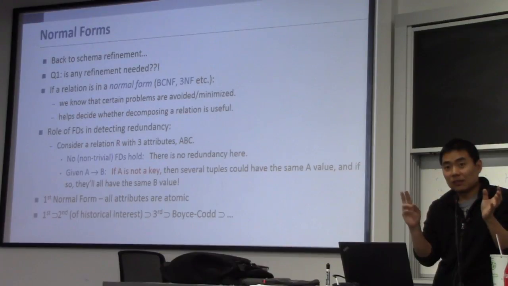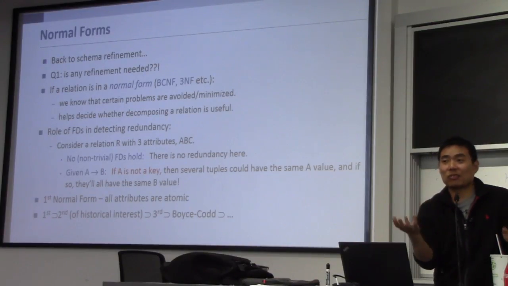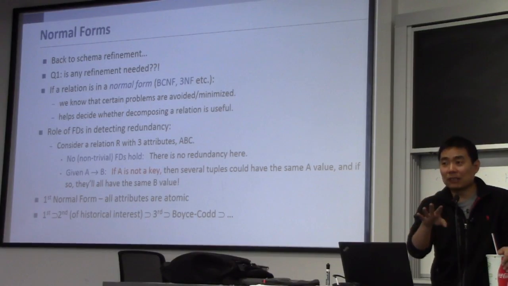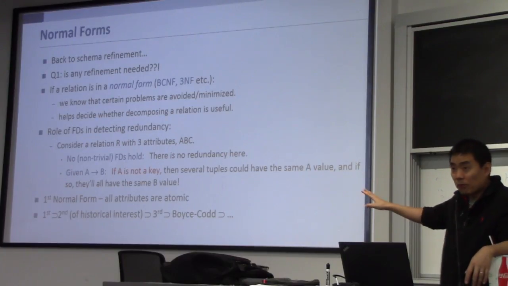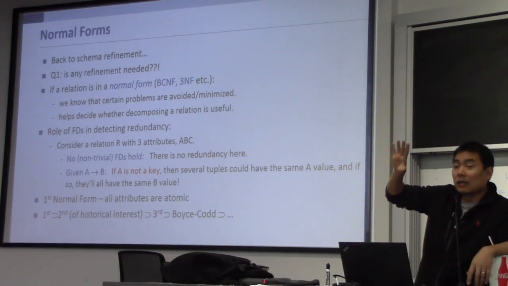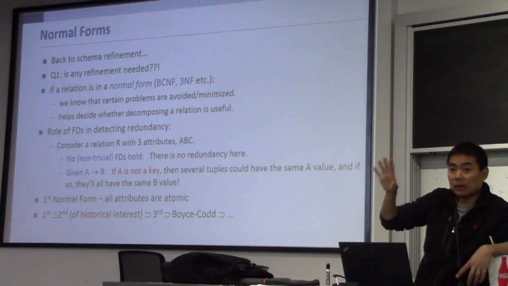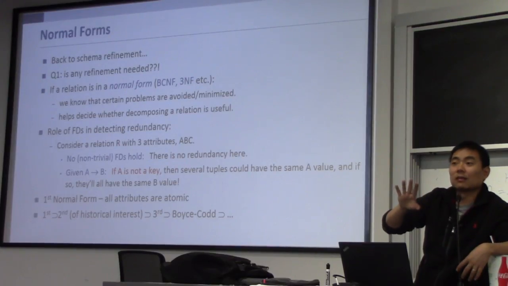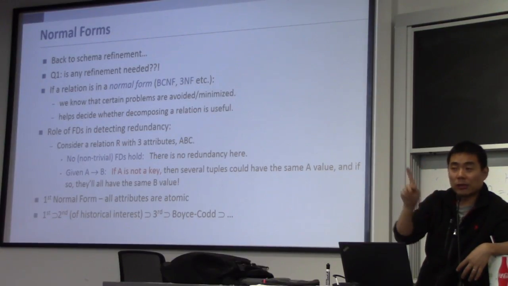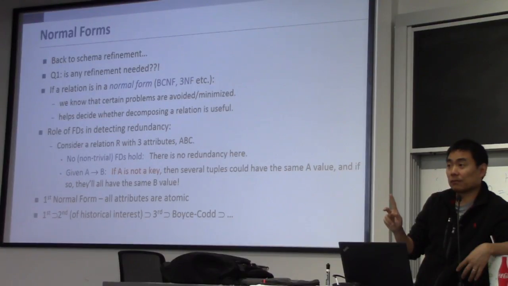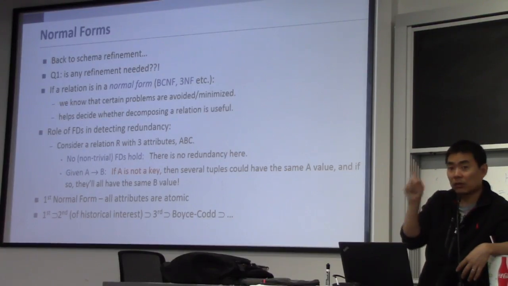Does that make sense? And how do you capture that? That's obviously not trivial, but people have studied this and they have defined third normal form, and they have shown that's the minimum level of redundancy that you can allow to enable lossless join and dependency preserving decomposition at the same time. Always, no matter what your input and what your instance is.